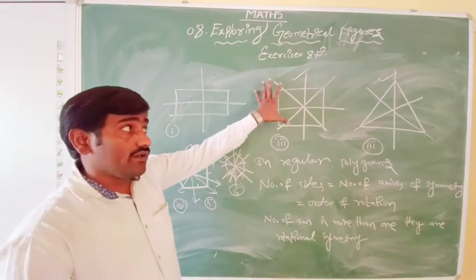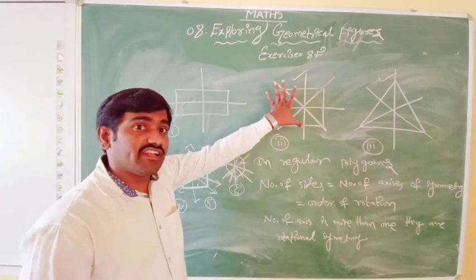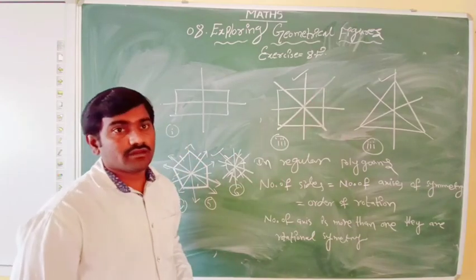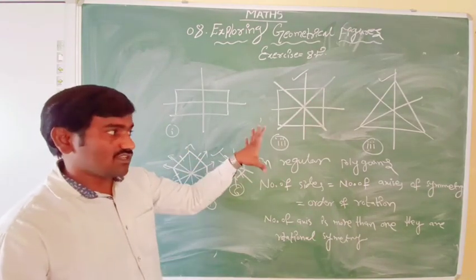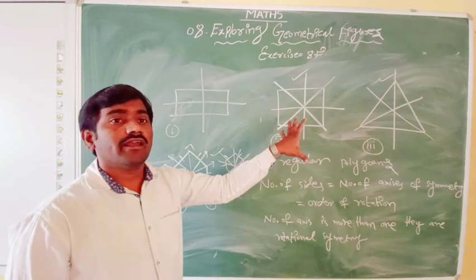If a figure has an axis of symmetry, definitely it has point symmetry. If a figure has more than one axis, definitely it is a point symmetry.